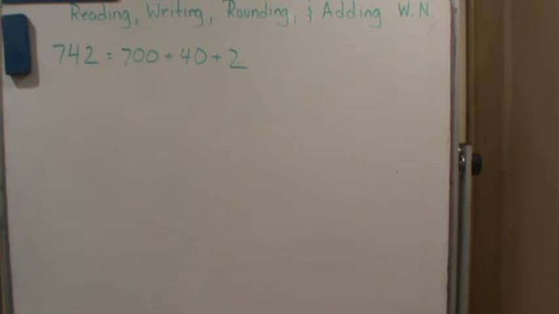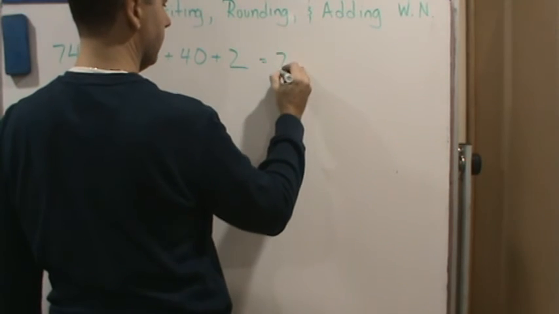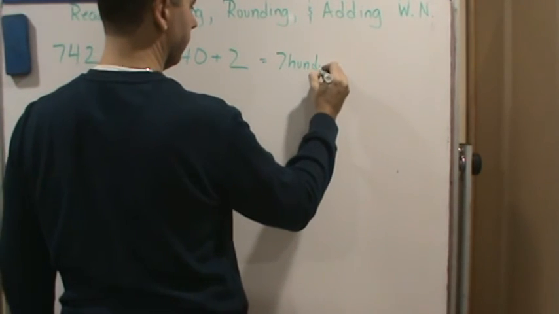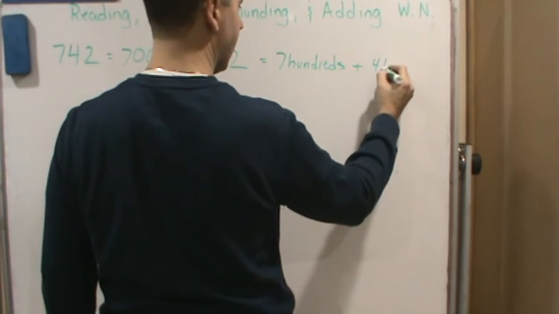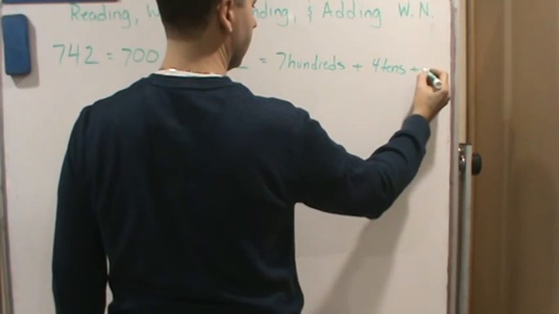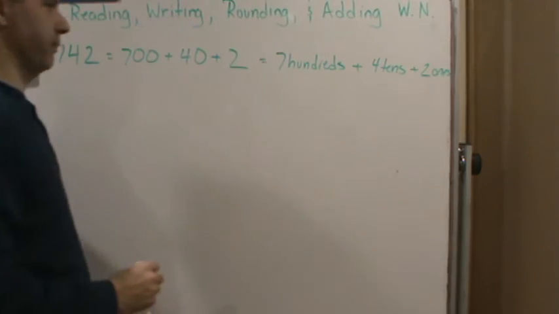Which we can then write as 7 100s plus 4 10s plus 2 1s.